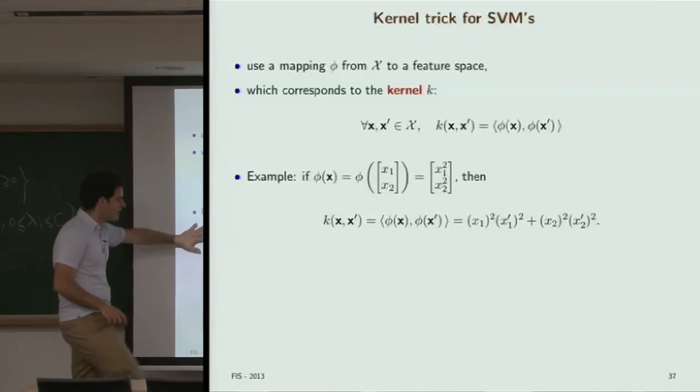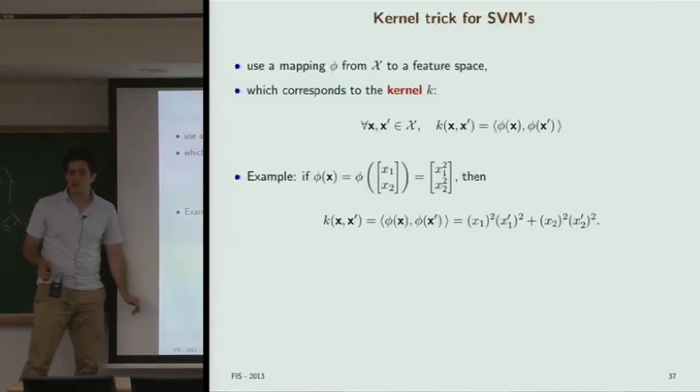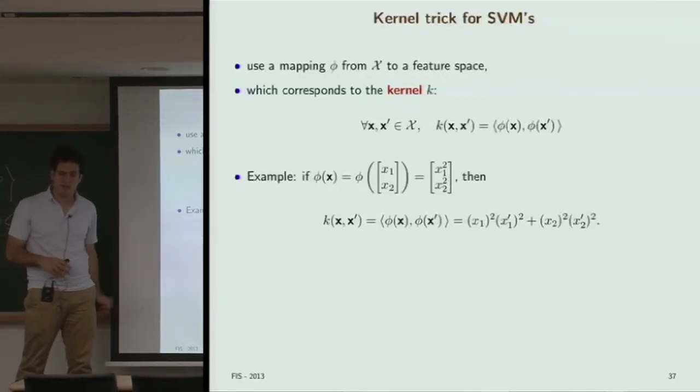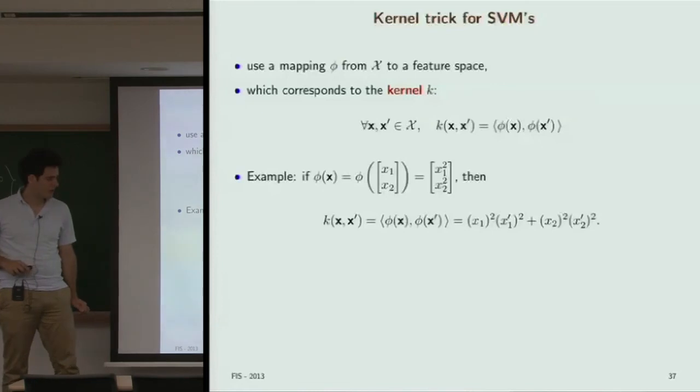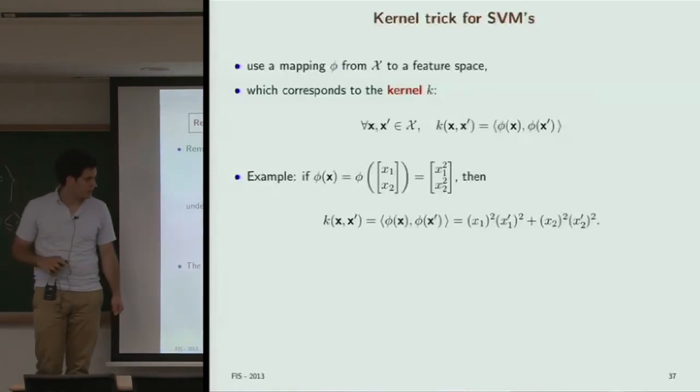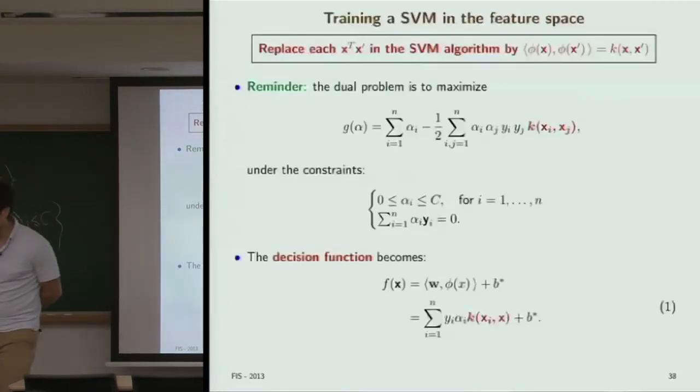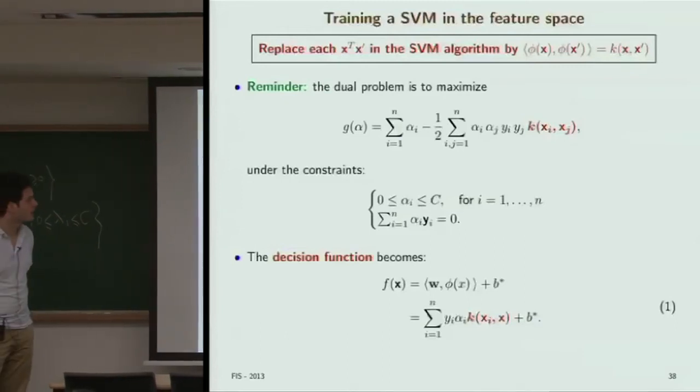So this is a very trivial and not so interesting example, but I just want to illustrate it so that you see that first we have a point, we map it onto a vector, and then we take the dot product of those two vectors. So here's a very important observation.